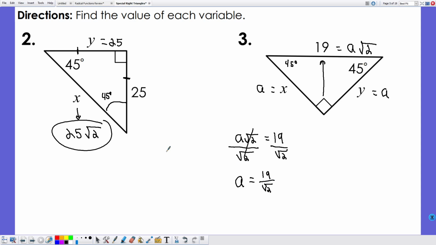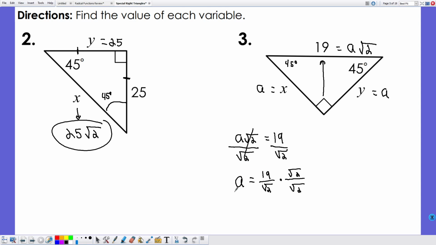But unfortunately, that's considered improper, because we don't want square roots in the denominator of our fraction. There's a technique to get rid of them. I'm going to multiply by the square root of 2 over the square root of 2. That way, I'm technically multiplying by 1. Any value over itself is equal to 1, so I'm not changing the value of my answer.